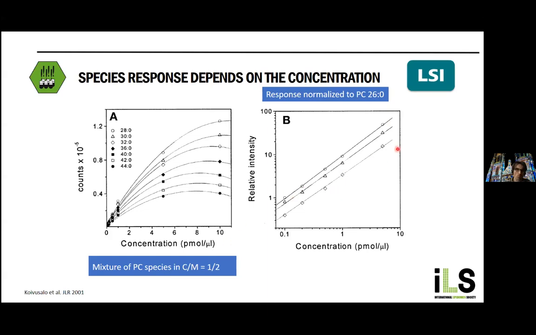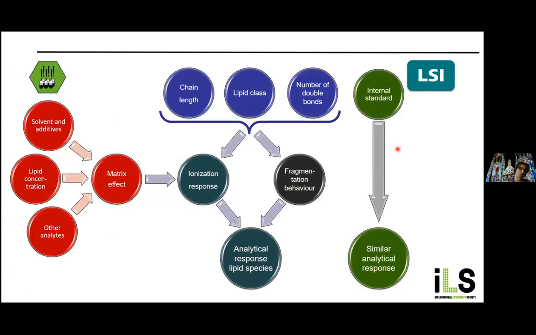So what does it mean if we want to get quantitative results? We have to face all these problems. The one is the matrix effect, and this effect depends on solvent, additives, concentration, and also the other analytes, and influences directly our ionization response.